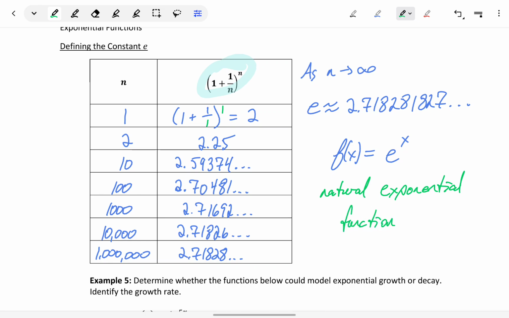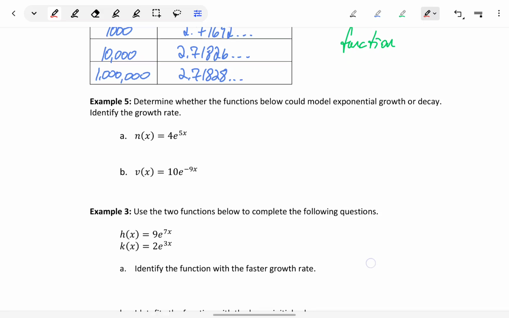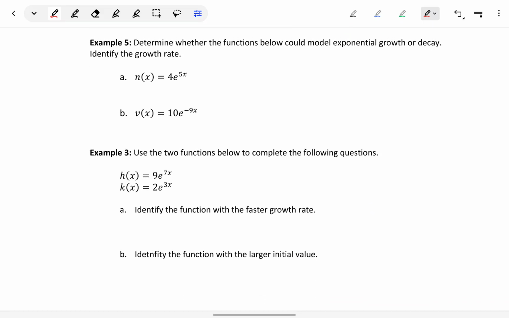For our purposes, what's really important to keep in mind is that when we see an expression like e to the x, what we have is a constant being raised to a variable power. So we still have an exponential function. We just need to recognize that e doesn't represent a variable. It represents a very specific value, which is about 2.7. But all the other ideas that we've talked about with exponential functions still hold true even when we're using this new value.